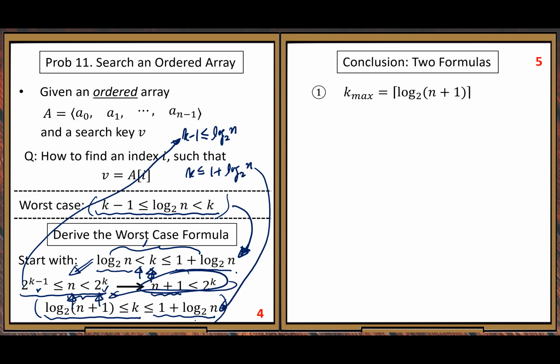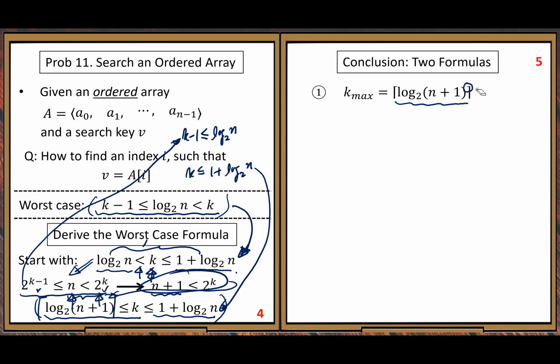The first one, k max, the maximum number of comparisons we need for binary search. k max is the ceiling function of the lower bound. This is the lower bound. But we know k greater or equal to that log base 2 of n plus 1. So we should take ceiling function. That is the first formula.